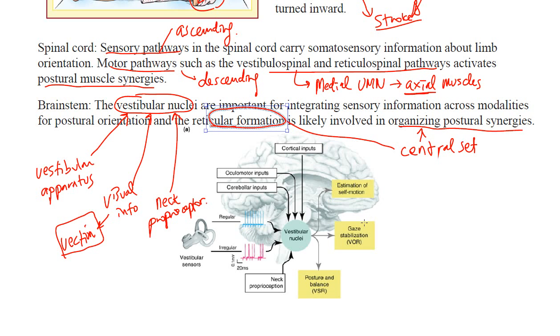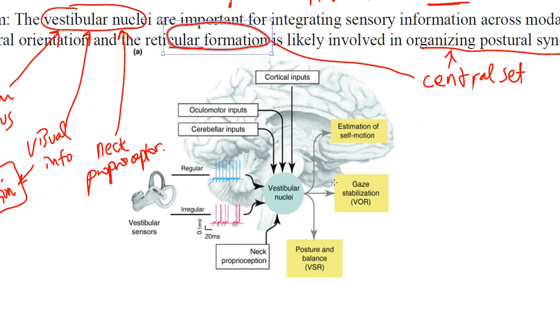So in this diagram, you can see the different inputs and outputs of the vestibular nuclei. So these are the sensory signals received, and these are the output signals from the vestibular nuclei. So if it goes to the cerebrum, we will perceive the self-motion.